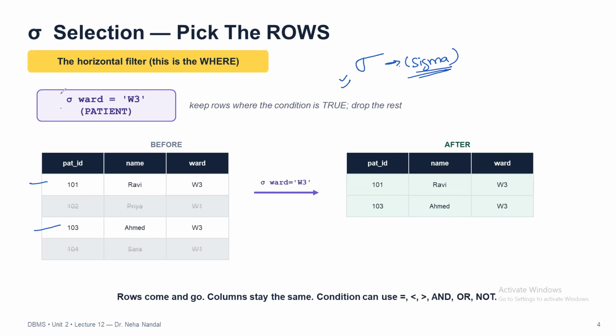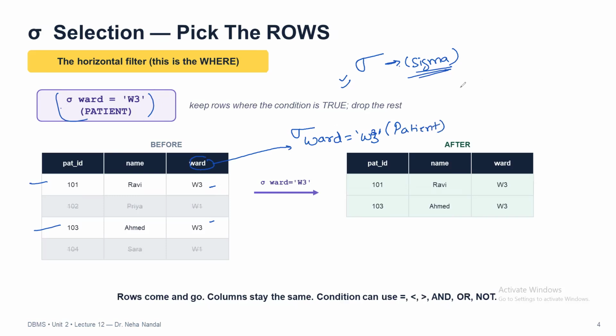If I write it in one line precisely, I will write it like this: select ward equals W3. That means the column name ward and its value should be W3, from the table patient. This is our table patient.